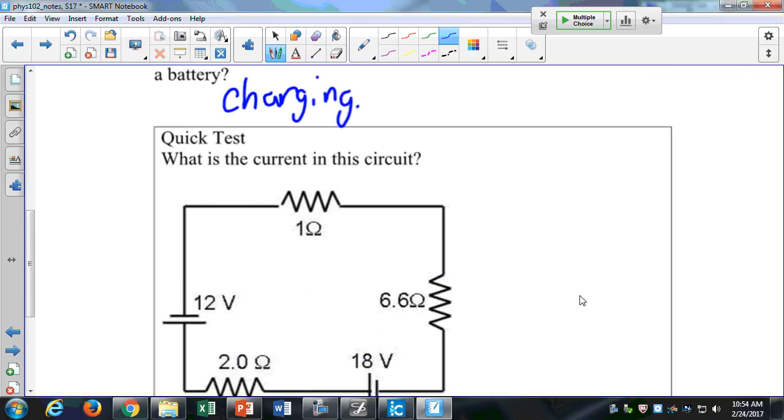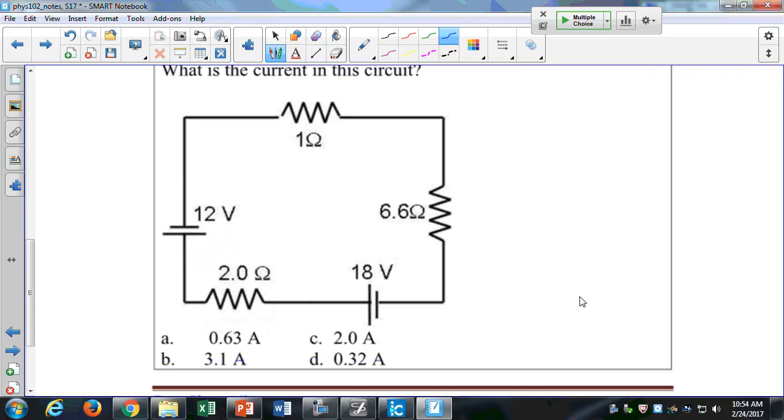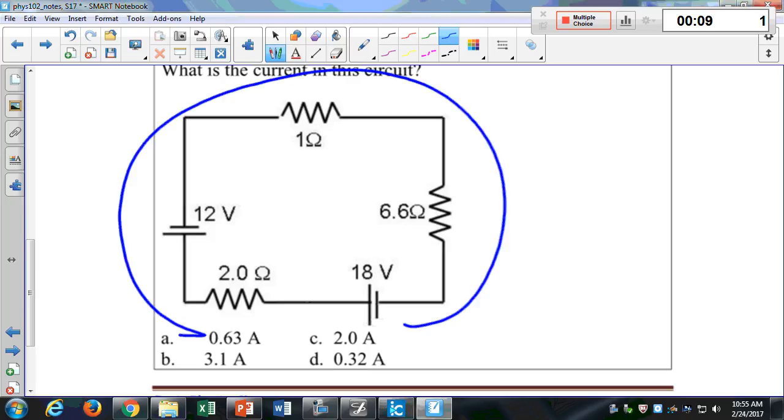Well, let's try this quick test. You're going to use the loop rule. Now, what you want to do is pick a direction for the current. It doesn't matter what direction that you pick. In fact, I'm going to go ahead and pick a direction for you just because sometimes students have trouble deciding. I'm going to say that the current is flowing in this direction.